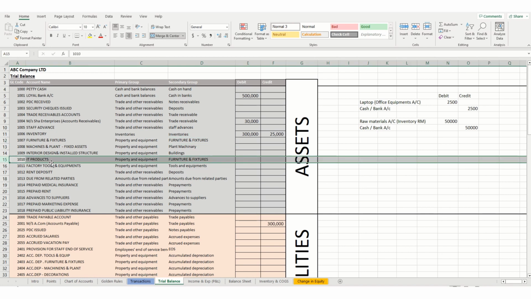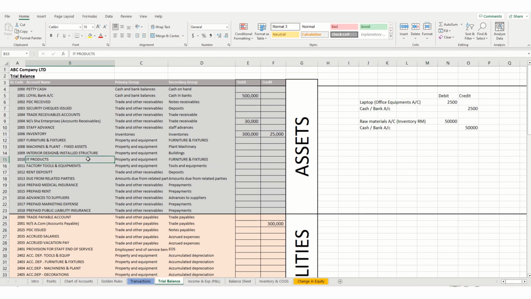These are IT products. So we can book into the IT products, or if you want to change this account name to laptop or office equipment, it is up to you, because you are the accountant, you are maintaining your trial balance, you are maintaining your financial statements, and if the management wanted other names, you can keep it as it is.